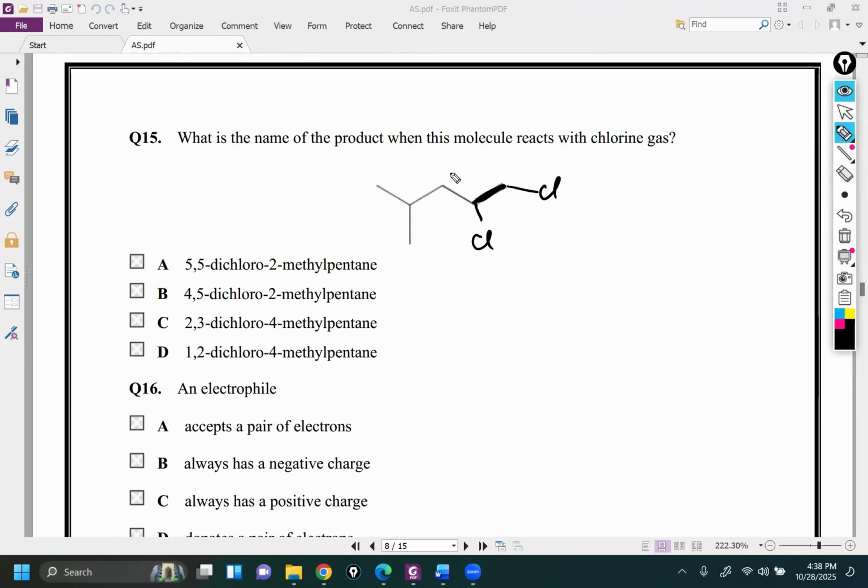Now we number it 1, 2, 3, 4, 5. Total carbons are 5, so pentane, 1, 2 dichloro in alphabetical order, and 4 methyl. So 1, 2 dichloro, 4 methyl pentane. The correct option is option D. So it's better to work out this question also instead of randomly guessing the answer.